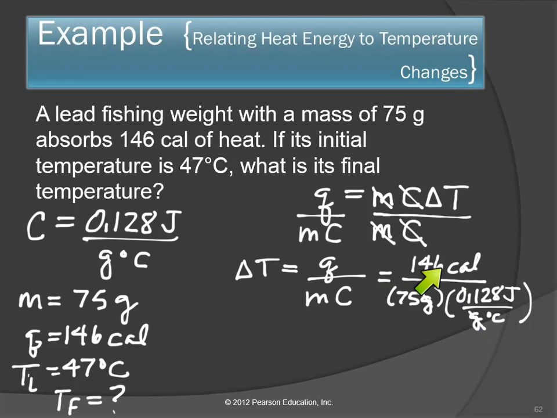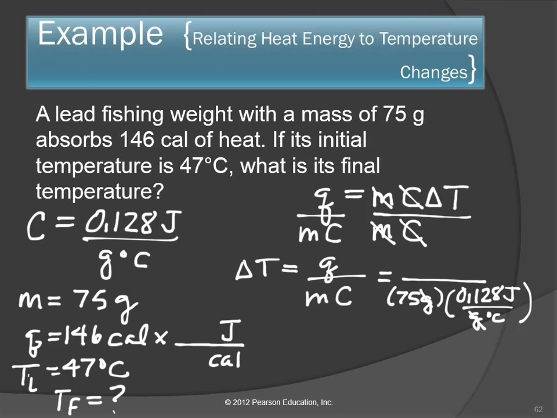What we need to do is we need to convert Q from calories to joules. So I'm going to erase it up here. We're going to fix the units and then bring it back. So over here we've got calories, and we want to make this into joules. So we want to multiply by joules and divide by calories.